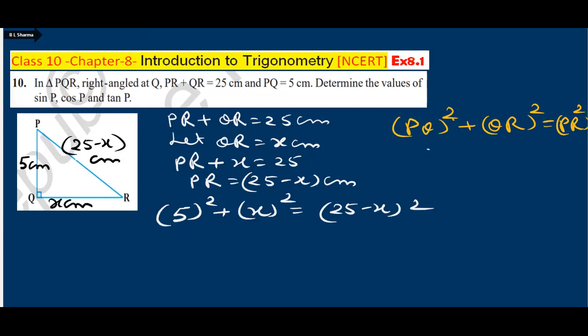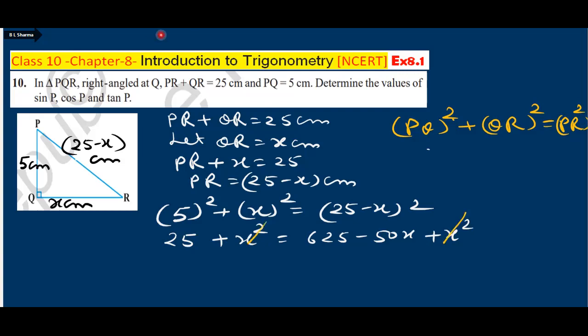So 5 square plus X square is equal to (25 minus X) square. So this is 25 plus X square equals 625 minus 50X plus X square.